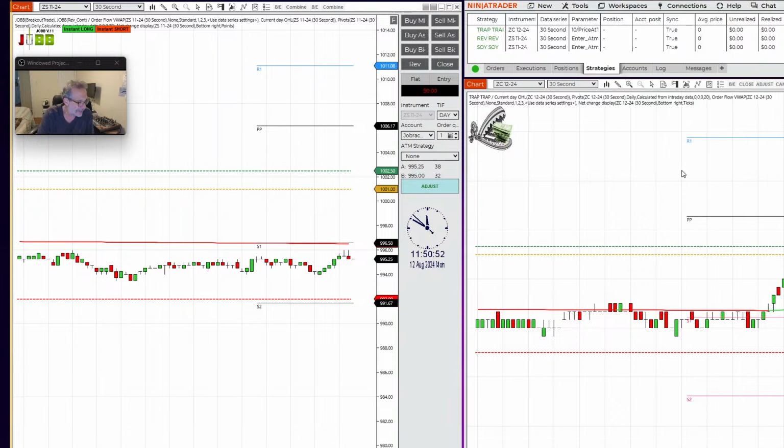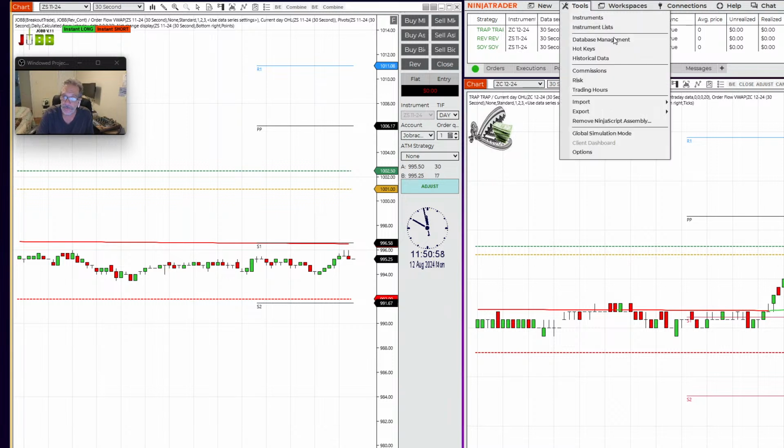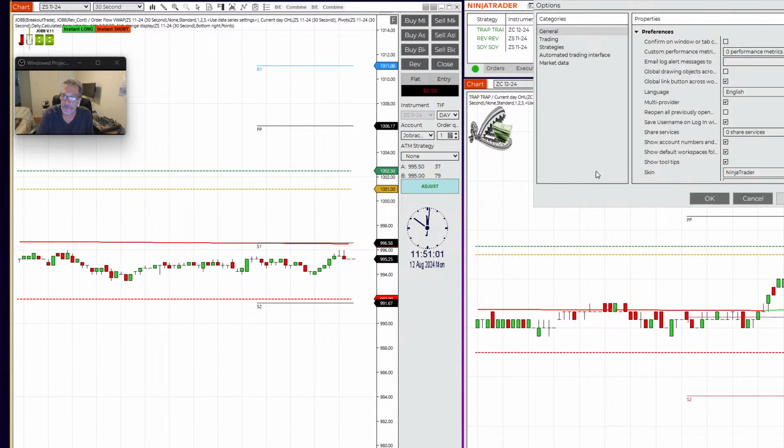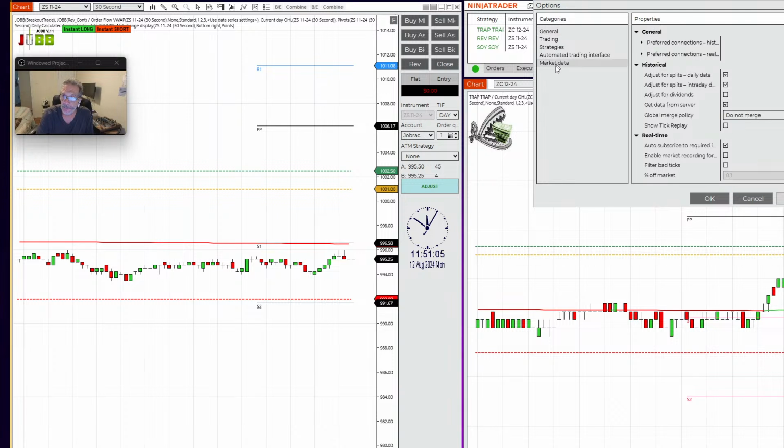Also on data series, make sure that when you go to Tools, Options, Market Data, it should be on Do Not Merge, okay.